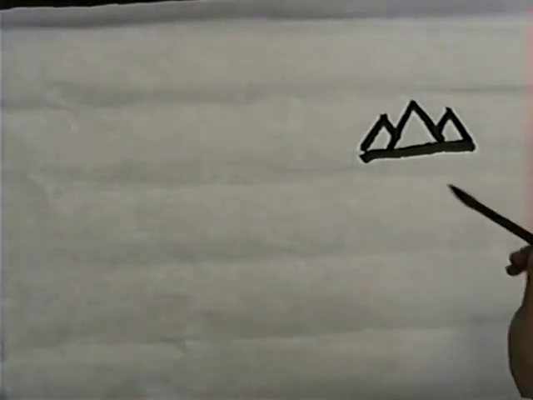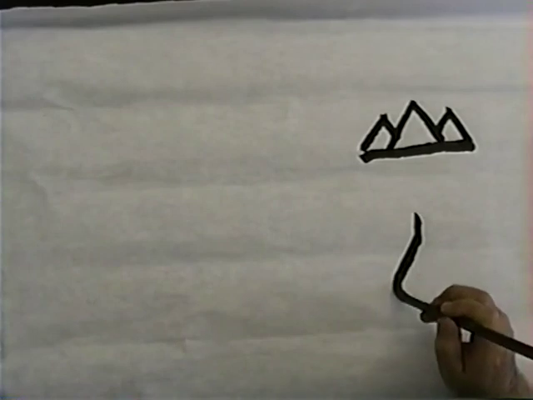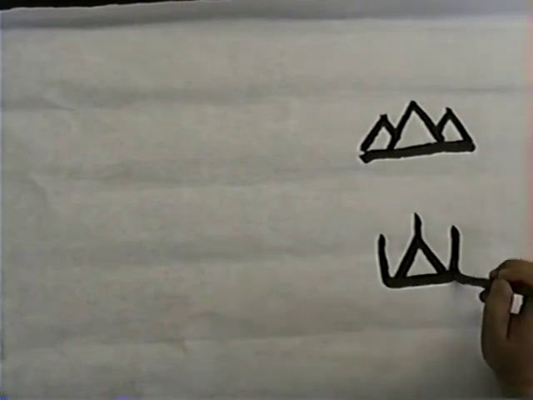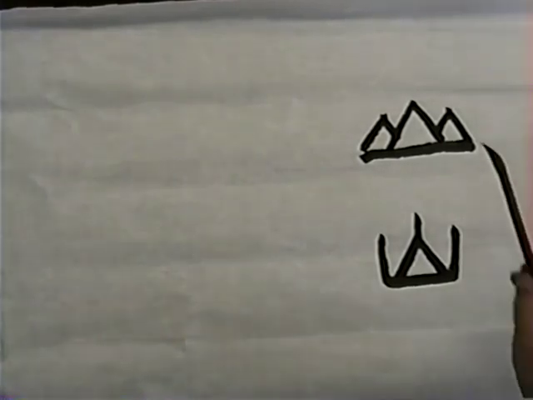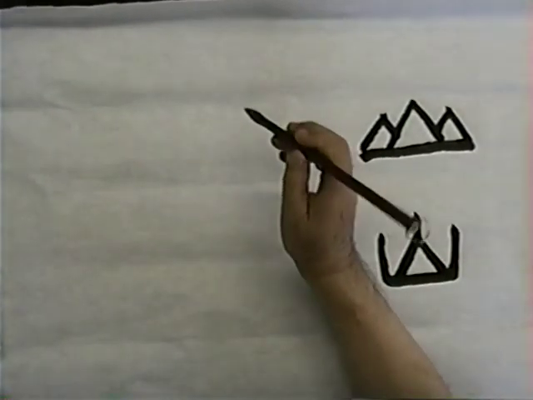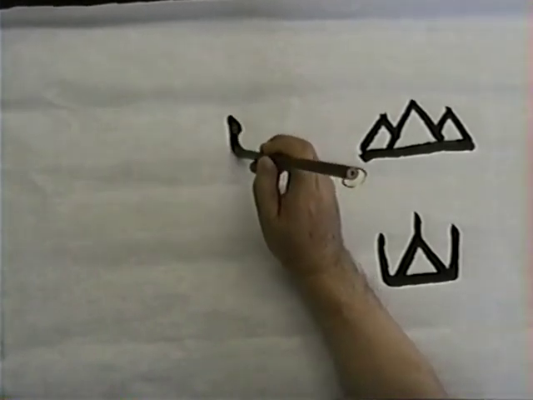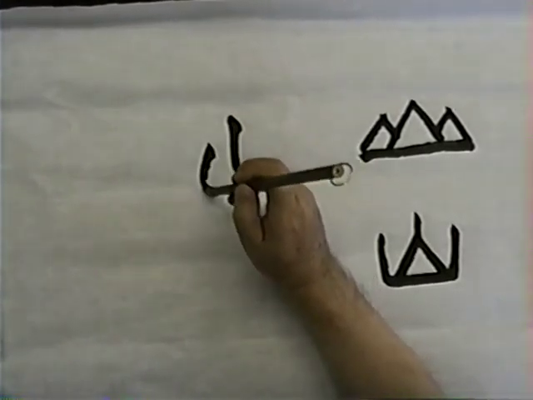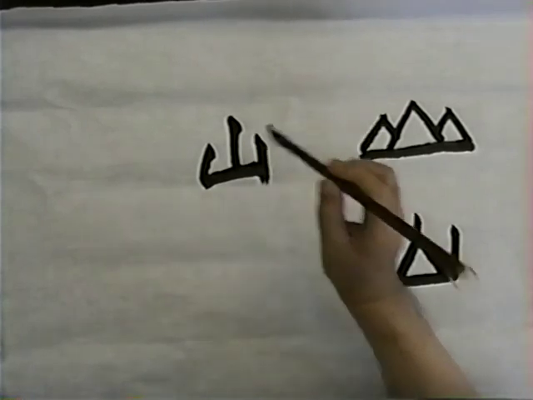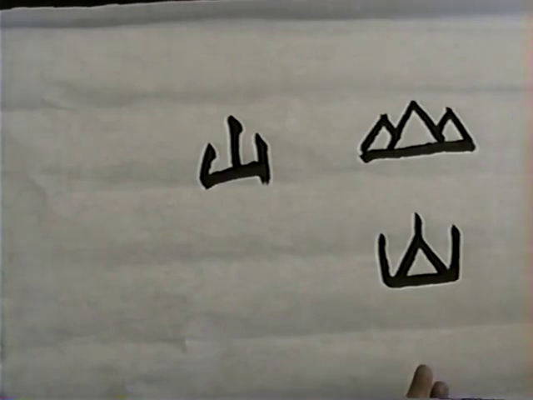But later, the style changed. Then, this is very, very ancient, called the oracle bone, or big seal, and this is called a small seal. And the Kaishu means the normal will be like this. Still the same word, still to say mountain.